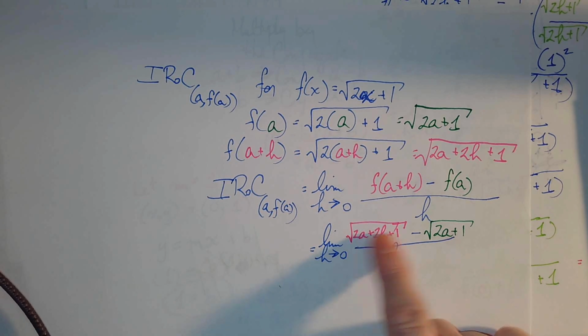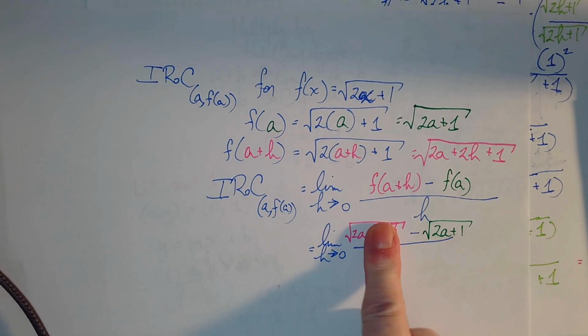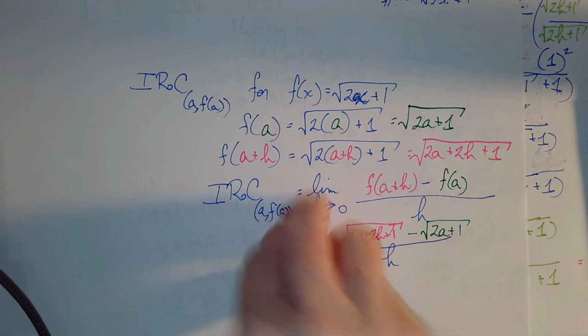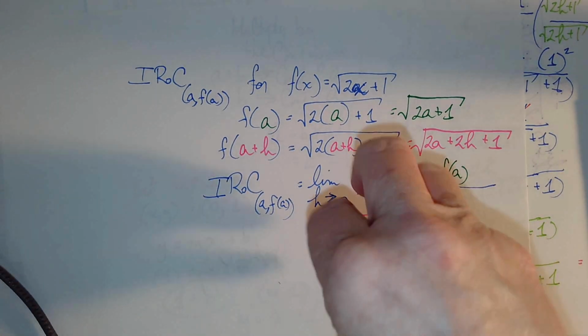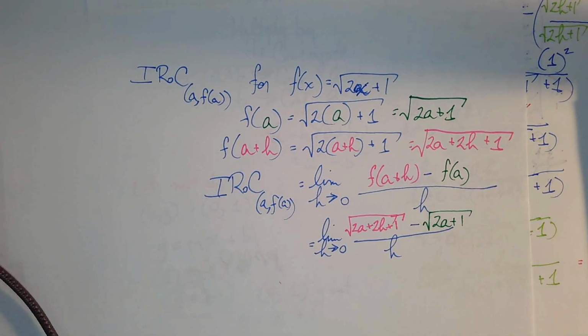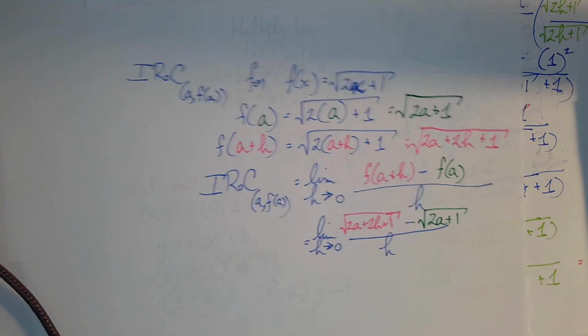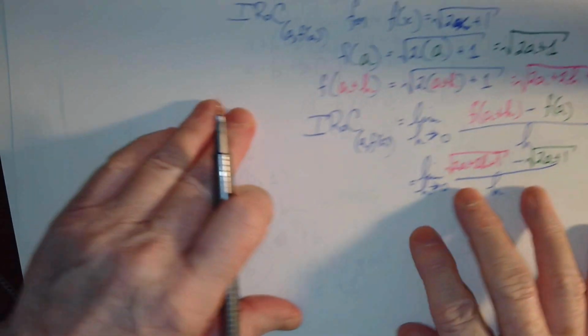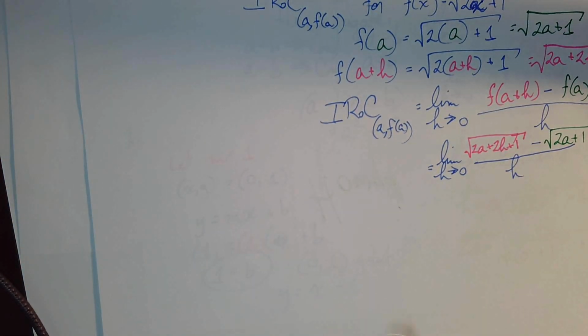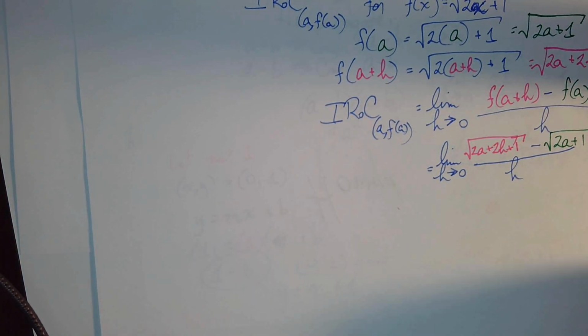And now I see that I've got first term minus second term. The conjugate will be first term plus second term. So we're going to multiply numerator and denominator of that.